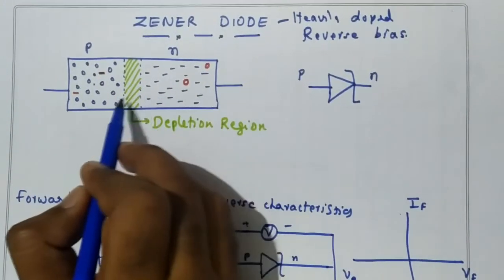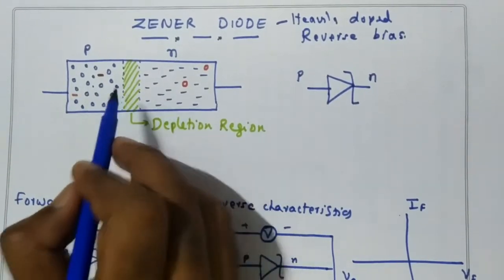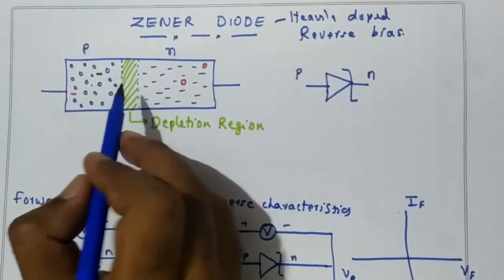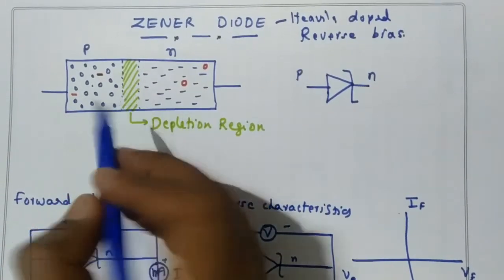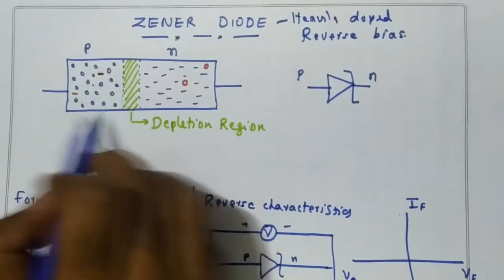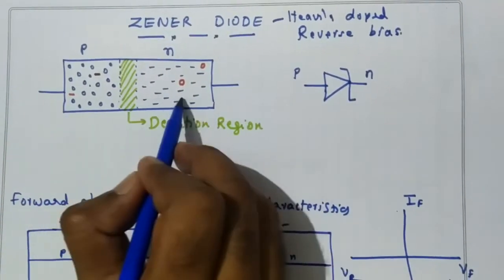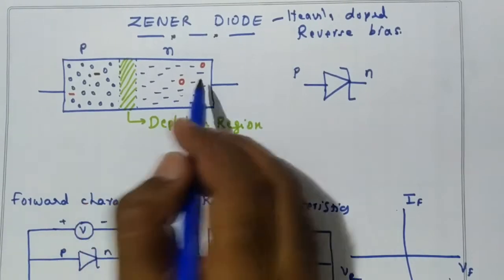Why does the concentration of majority charge carriers become more? Because one impurity atom gives rise to one electron. So if you dope with more impurity atoms, more electrons are created in N type and more holes are created in P type. But at the same time, the minority charge carrier count decreases.